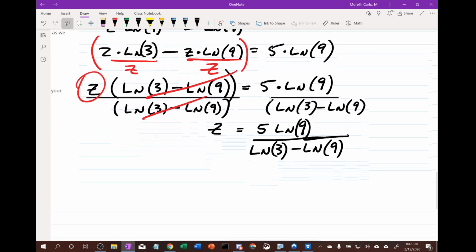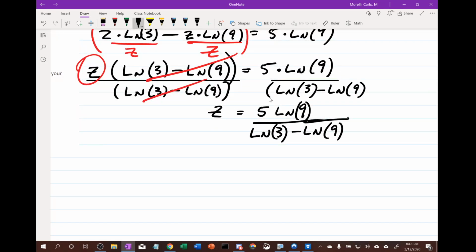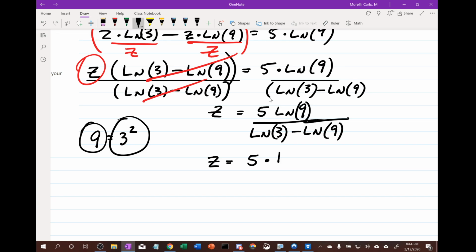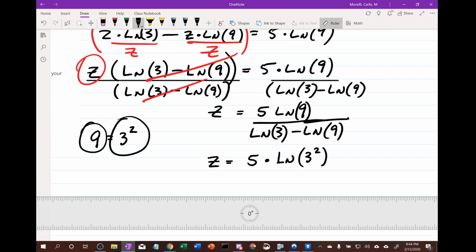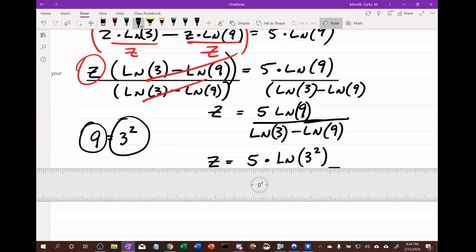Because look, the ln, so let's just look at 9. 9 is the same thing as 3 squared. So what if I went and put this everywhere I saw a 9? So look, z equals 5 times ln of 3 squared. Okay? Check this out. It's going to be cool. You guys are going to like this.